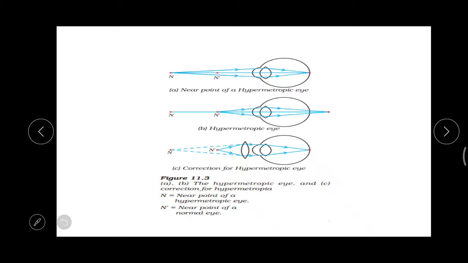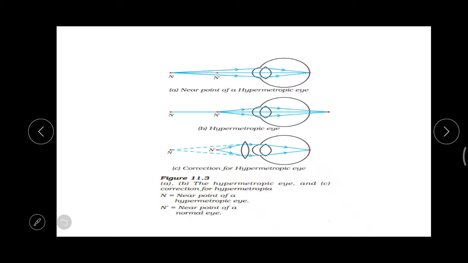That means a person affected by hypermetropia cannot see things clearly or distinctly if he keeps the object at 25 centimeters, which is the near point of a healthy person.